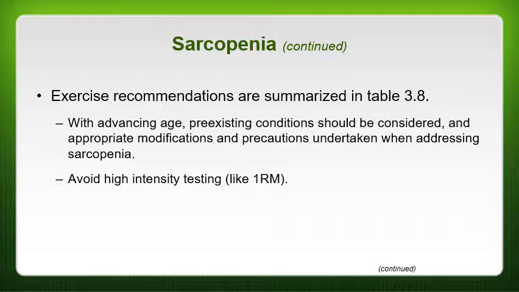I mentioned that max effort strength training is important through life. However, considering where a person is at, if you have somebody who hasn't strength trained, maybe they're strength training for the first time, you're going to want to avoid the high intensity testing if they're already actively experiencing the sarcopenia.